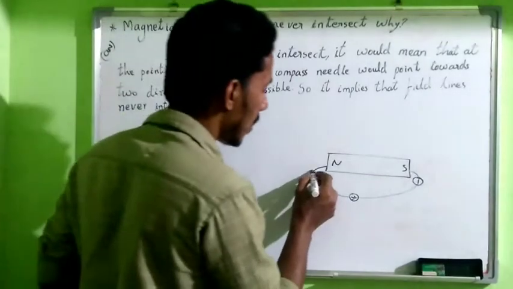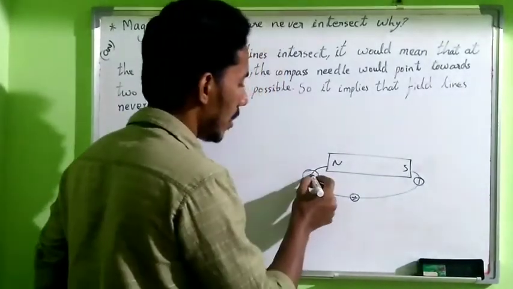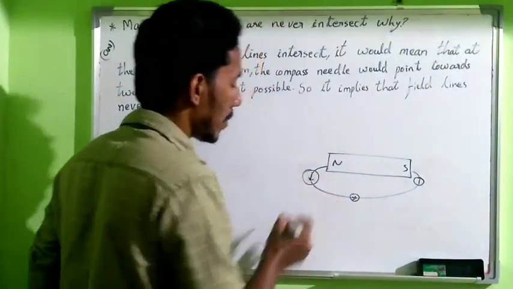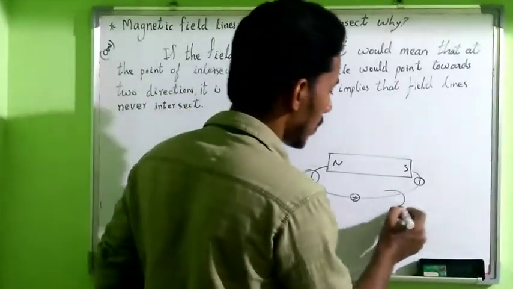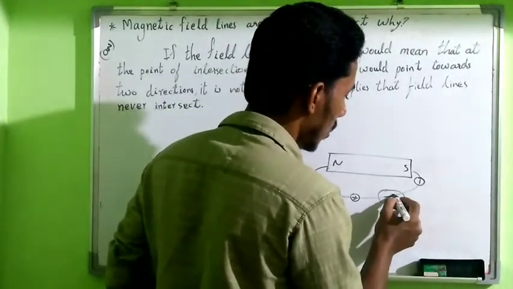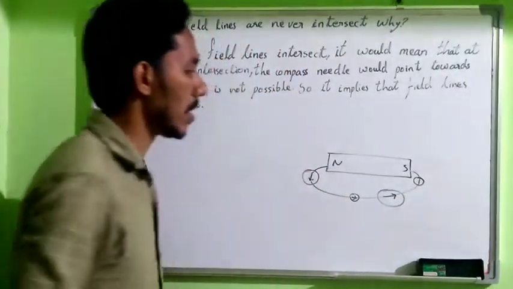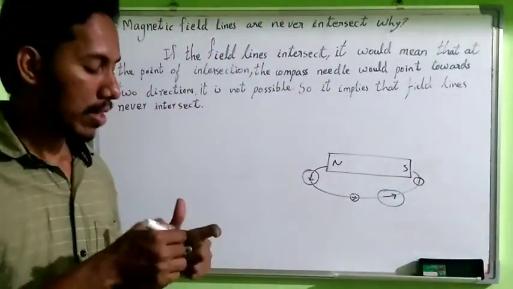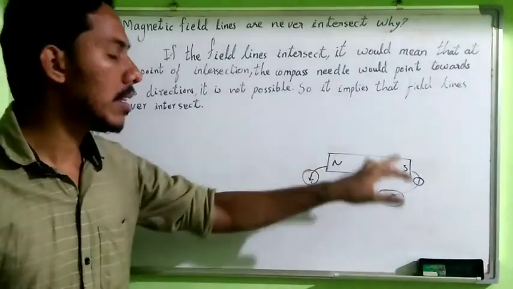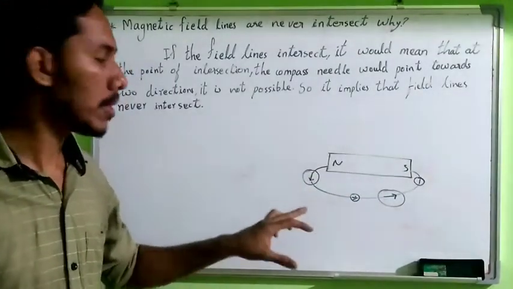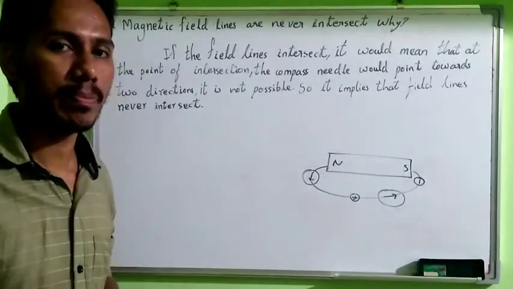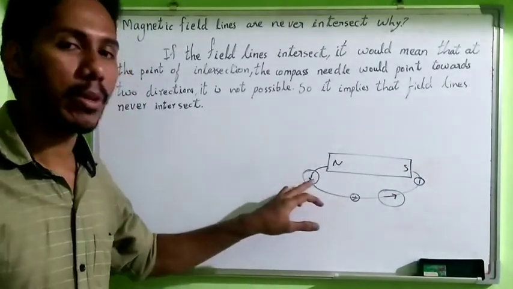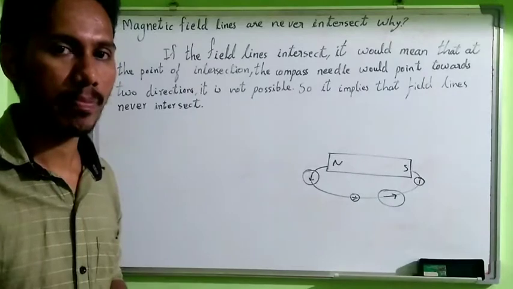If you place the compass needle here, you can see that it aligns in this direction. If you place the compass needle here, you can see it aligns in this direction. So these magnetic field lines are produced by joining these directions together. These are the directions produced by a compass needle.